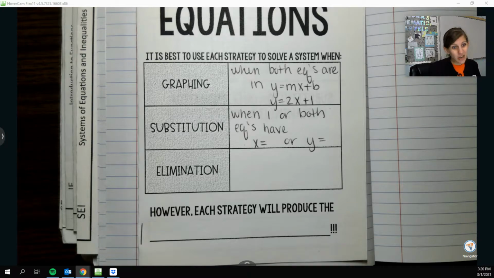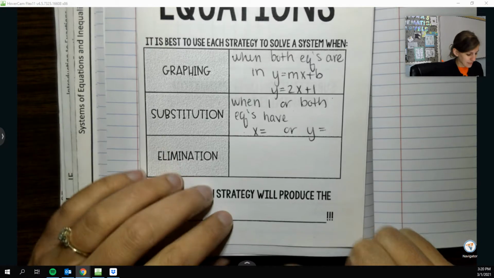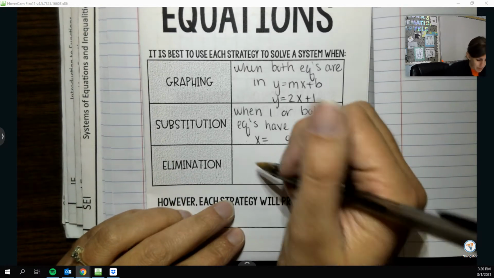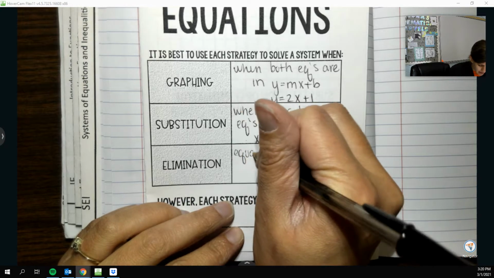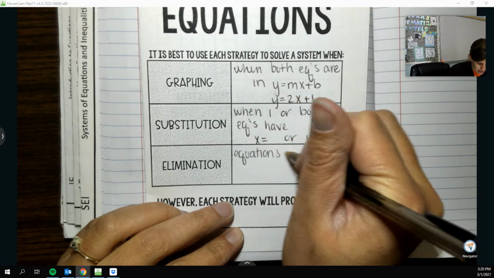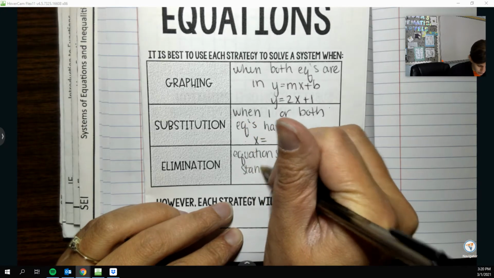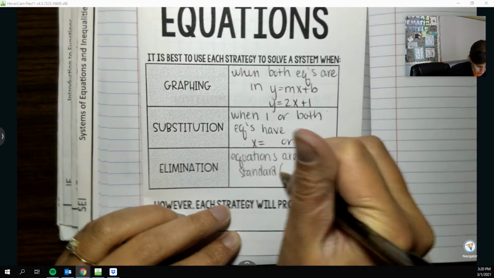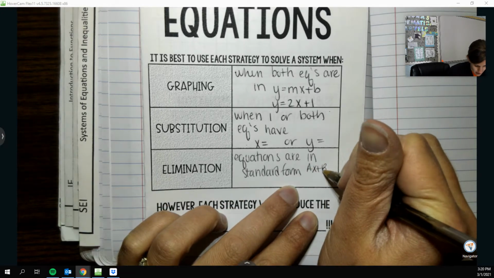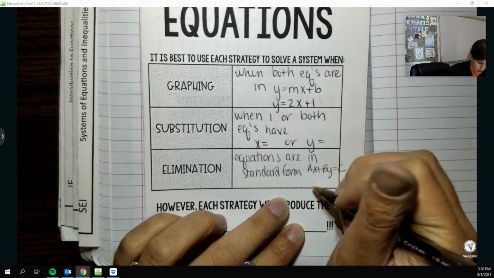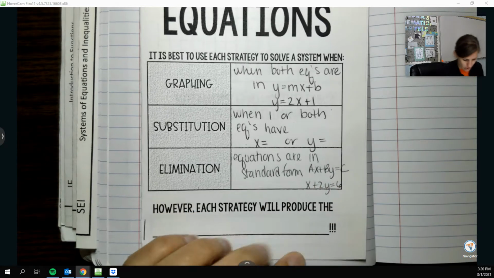Now, I know elimination is kind of the fave because it's super easy to start, but you really only want to do elimination when your equations are in standard form, like ax plus by equals c, or like x plus 2y equals 6, or something like that.